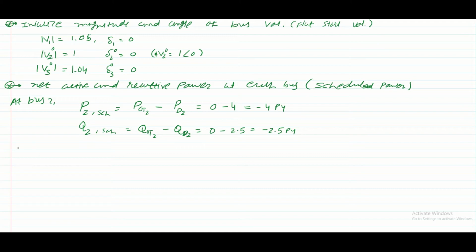Now similarly we will calculate at bus number 3. So for bus number 3 again we will calculate the net active power, or we can say scheduled power, Pg3 minus Pd3.